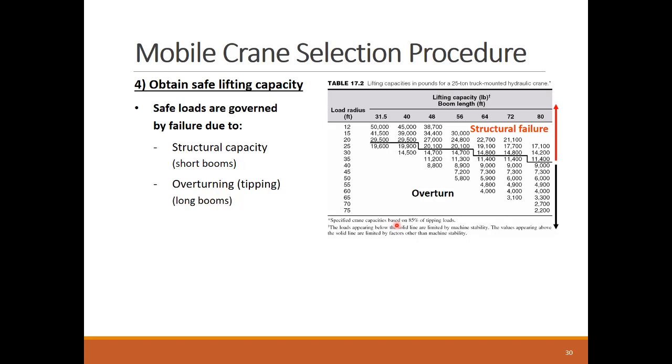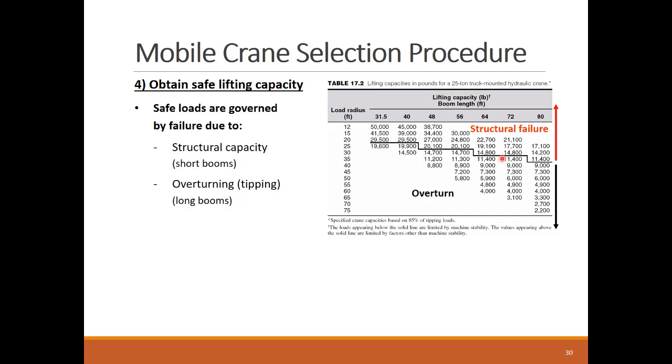These load capacities are governed by 2 failure types. The first failure is a structural failure in the boom that happens for a short lift radius. The other failure type occurs due to the loss of stability and tipping of the crane.